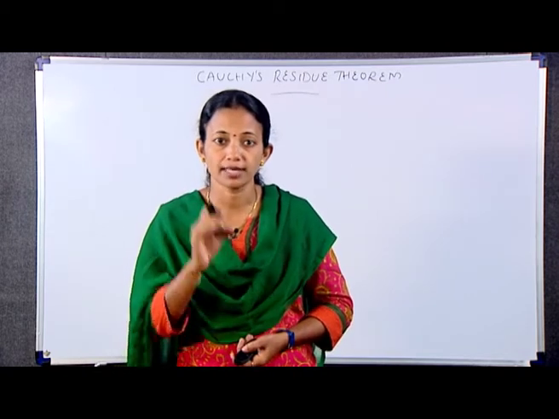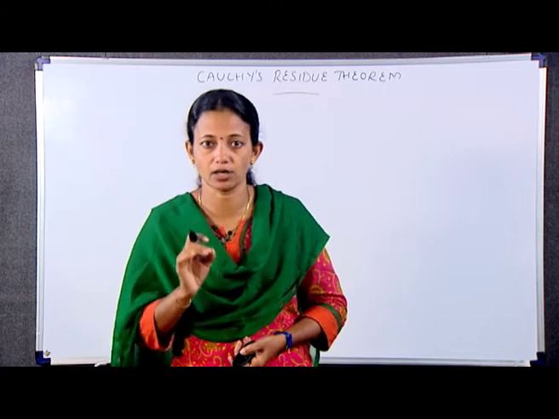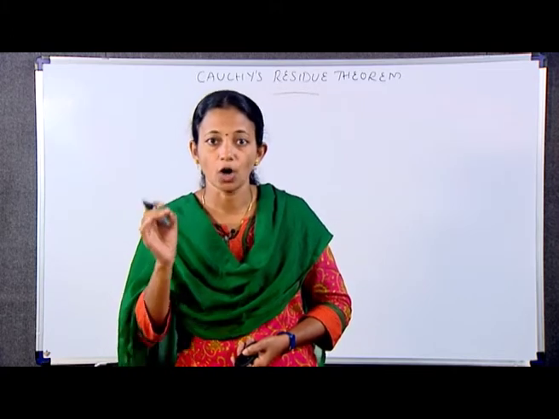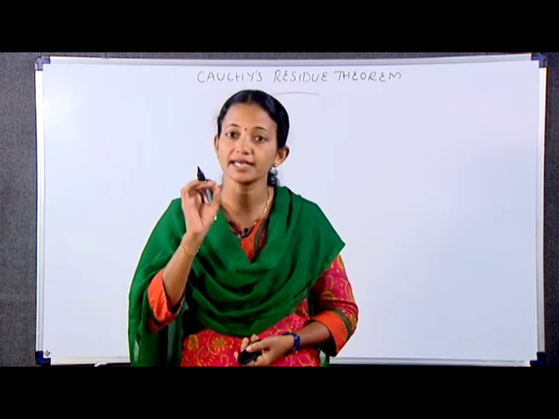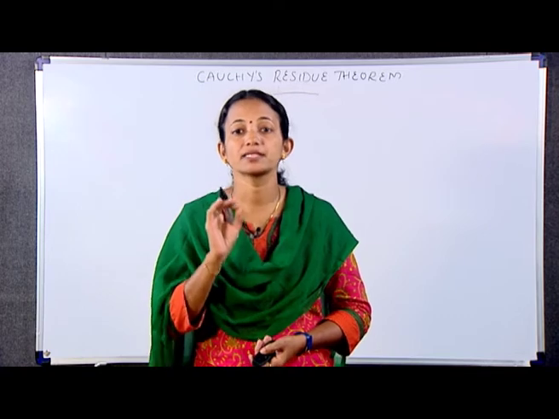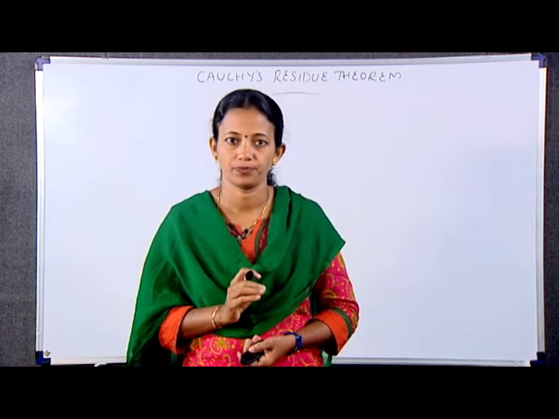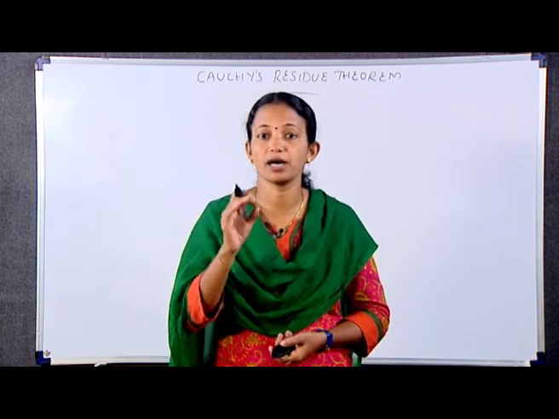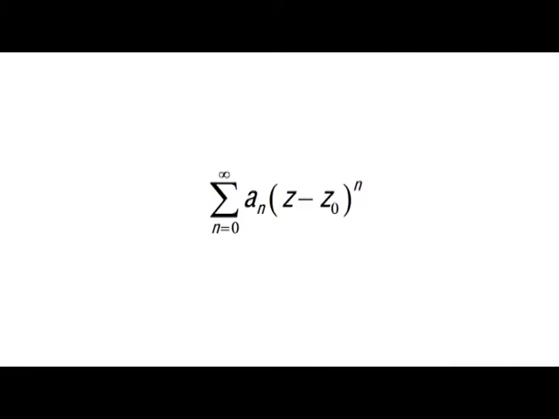The portion, that is b1 by (z minus z0) plus b2 by (z minus z0) whole square plus etc., of the series involving negative powers of (z minus z0) is called the principal part of f at z0. And the first part, that is the sum over n from 0 to infinity of a_n (z minus z0) whole raised to n, is called the regular part of f in the neighborhood of z0.